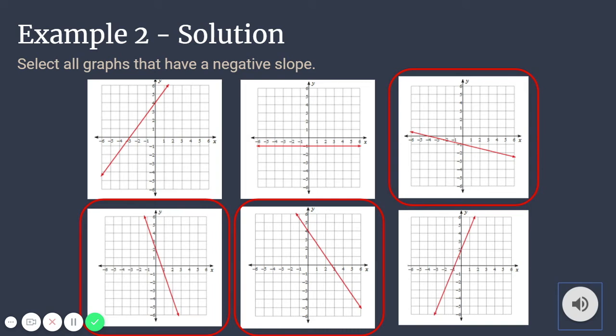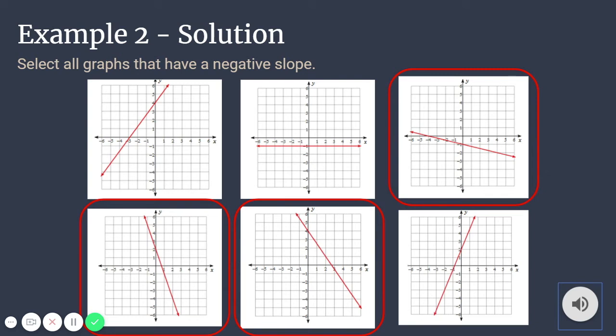And then the far right one on the top line there, if we're moving from left to right, you'll notice that that is decreasing. So the farther right we go, or the more that your X value is increasing, your Y value is going down, so you are decreasing. So that is a negative slope.